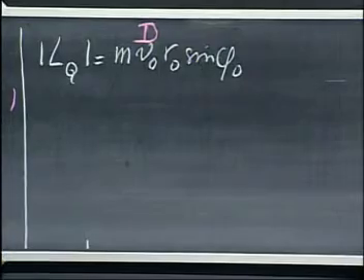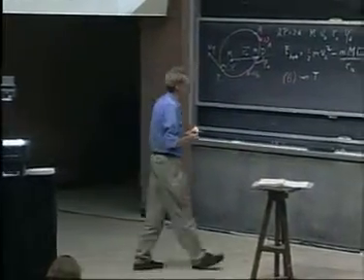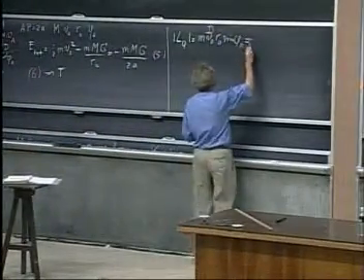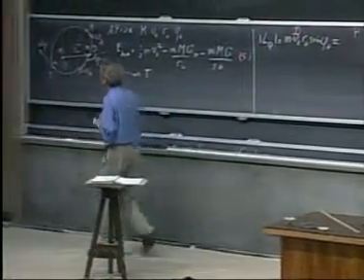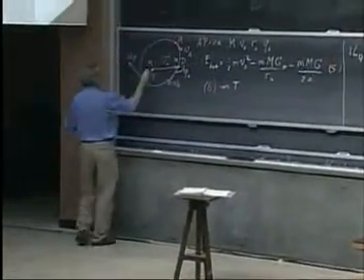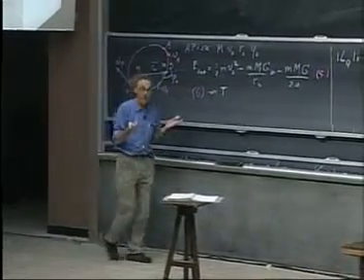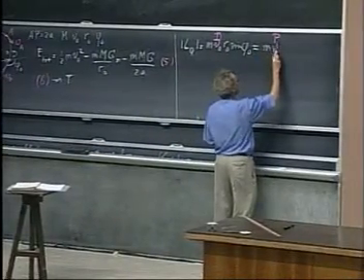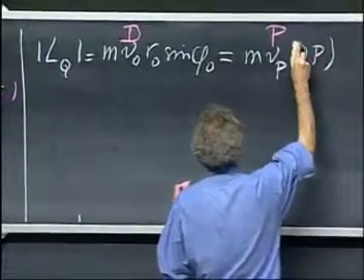Because we have a cross product between r and v, and with a cross product you have the sine of the angle. So that's the situation at point D. What is the situation at point P? Well, at point P, the velocity vector is perpendicular to the line QP. So the sine of that angle is 1. So now I simply get m times v of P times the distance QP.